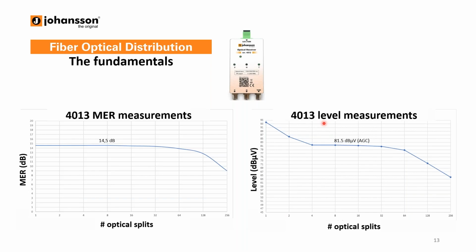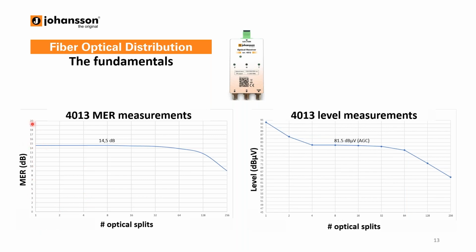So in this slide, you can see the results. These are the test results we have with our solution, and in this case we used a 4013 optical receiver, this model with the 3 outputs. On the left we show you the results of the MER, so the signal quality.